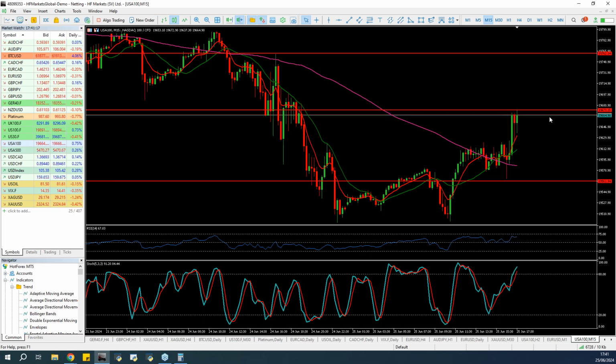So I've got a negative reward to risk ratio. I'm looking to earn $1 for every $1.25 that I'm looking to risk. So ladies and gentlemen, this is what is known as a negative reward to risk ratio.